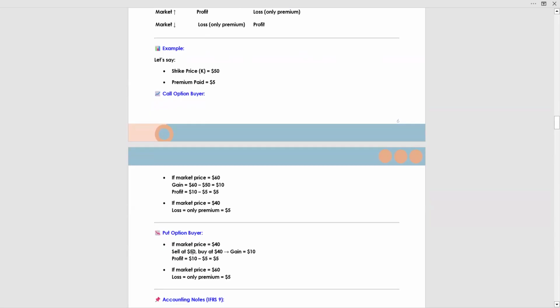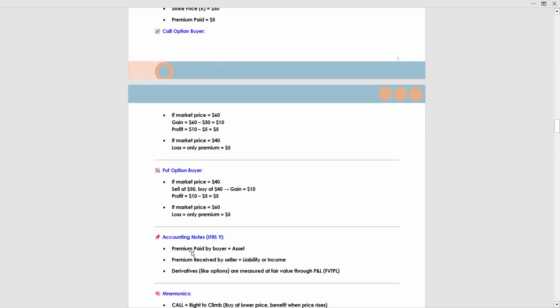Put option buyer. Put option means right to sale. If market price equal to 40, sale at 50, buy at 40. Gain is 10, profit 10 minus 5 equal to 5. If market price 60, loss, only premium, which is 5.